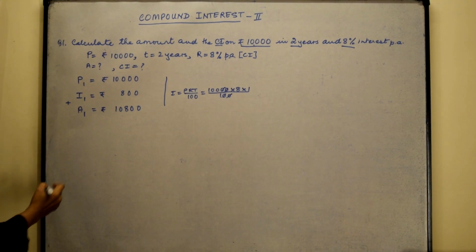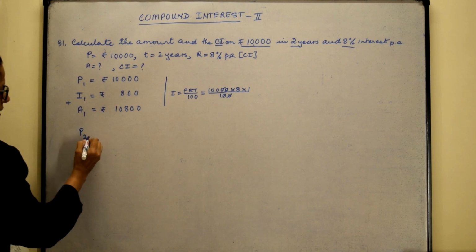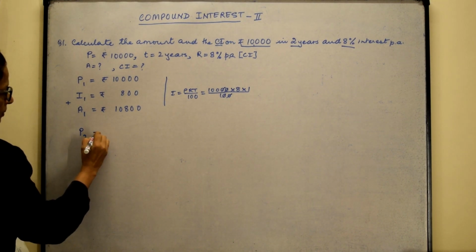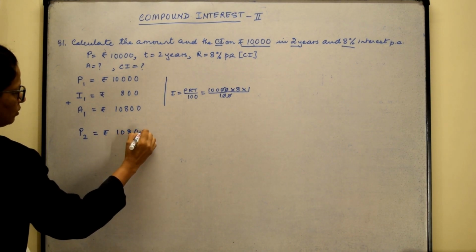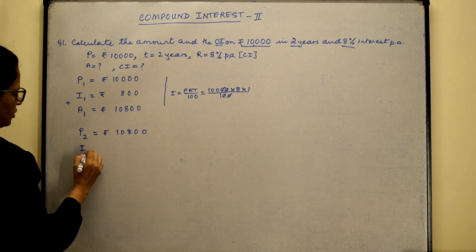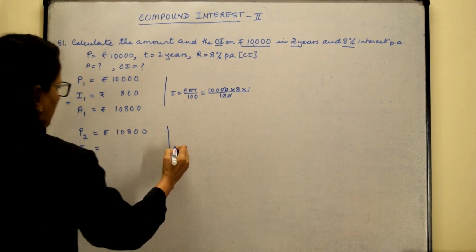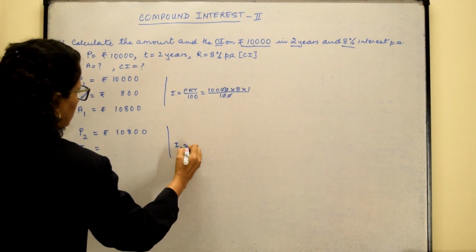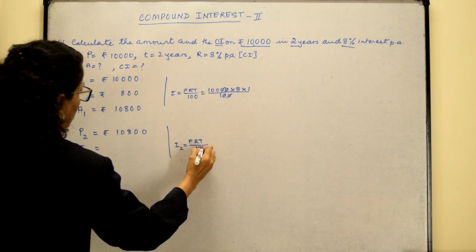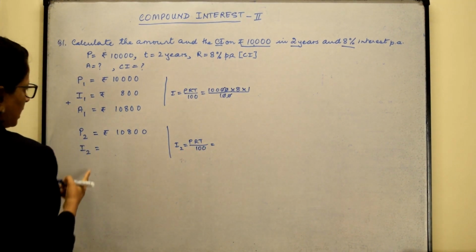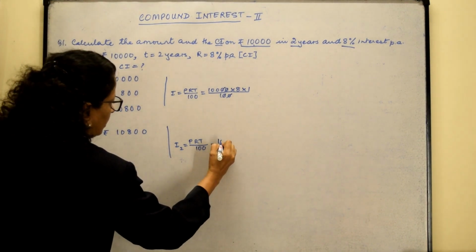rupees. This becomes the principal for the second year. So principal for the second year becomes P2, and that will give us rupees 10800, and then interest for that year is going to be calculated using the same formula. So now my I2 will be again PRT upon 100. The principal for the second year is no longer 10,000, it is 10,800.